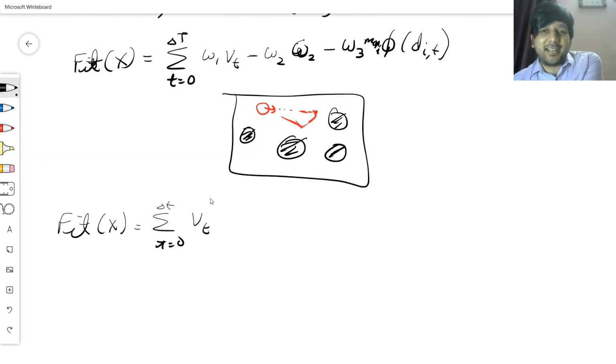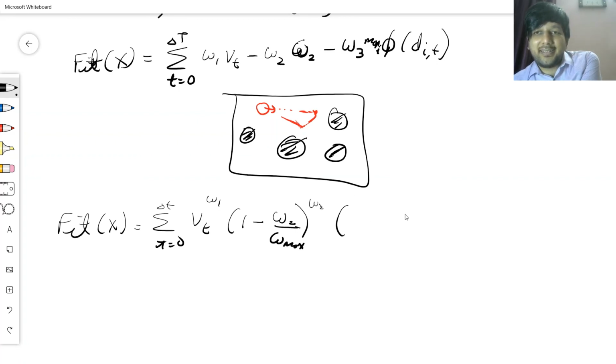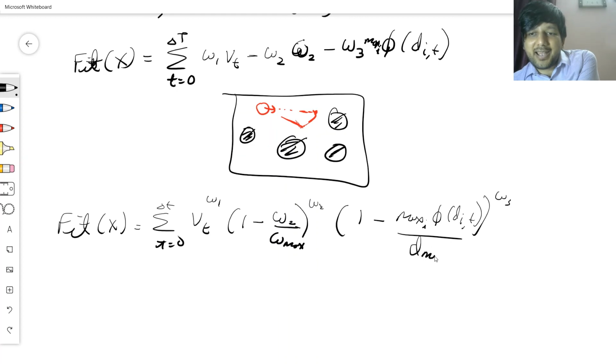So v_t raised to the power W1, this needs to be maximized. Omega raised to W2 needs to be minimized, so it's 1 minus it, normalizing it from 0 to 1, and then max over i of d_i, minimizing, so 1 minus that raised to W3 over d_max. So the same equation as in the format of a sum, in the format of a product.